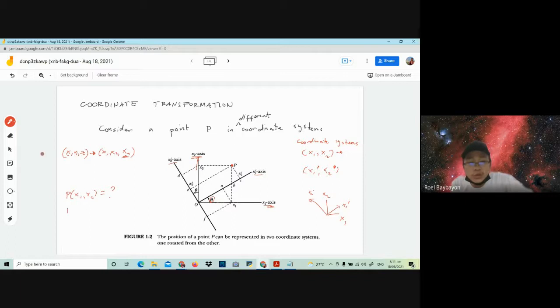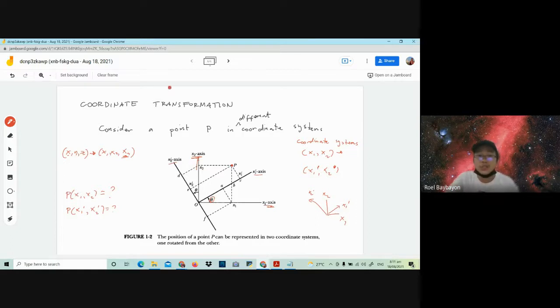Also, what is point P with respect to x1 prime and x2 prime? So this is what we will find. Like I said, the value of point P is different in a different coordinate system. So P in the x1, x2 coordinate system is different from P in the x1 prime, x2 prime coordinate system.